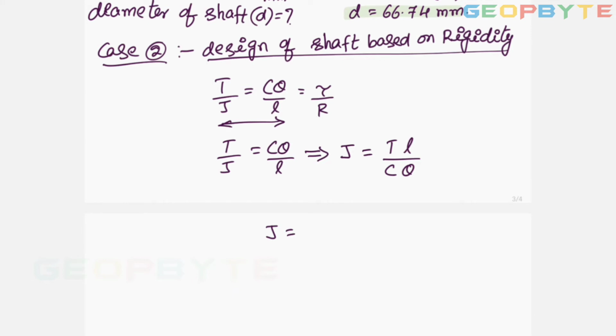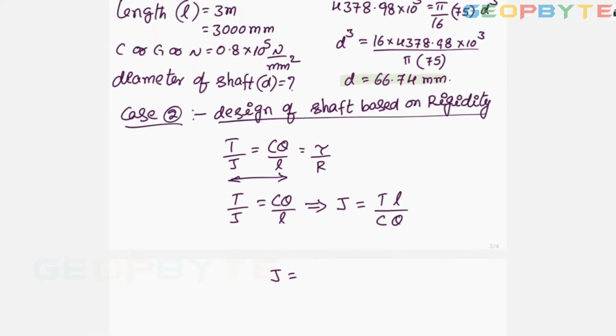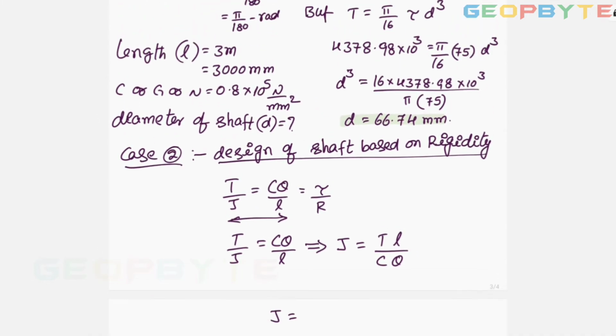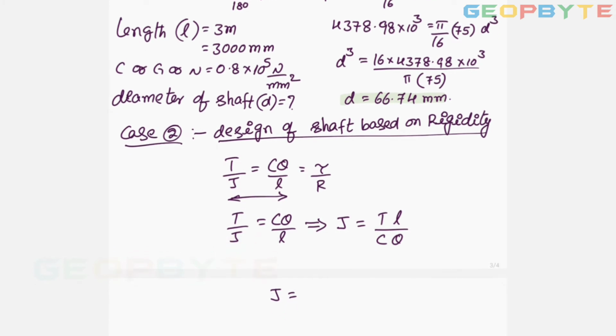T means torque: 4378.98 into 10 power 3.